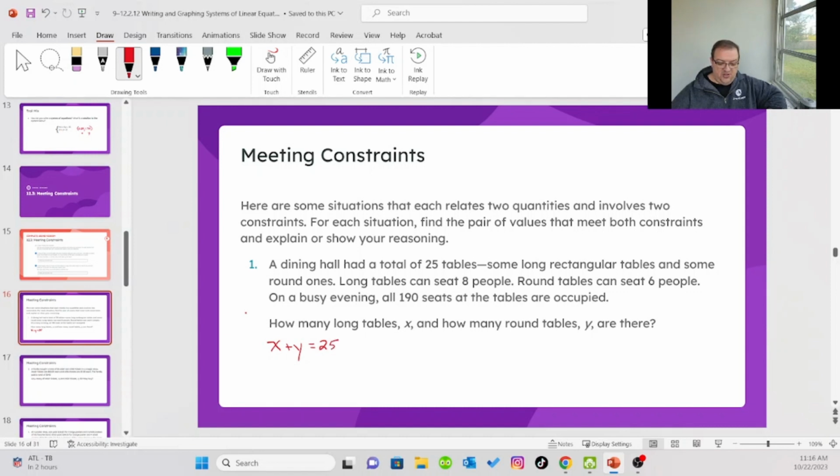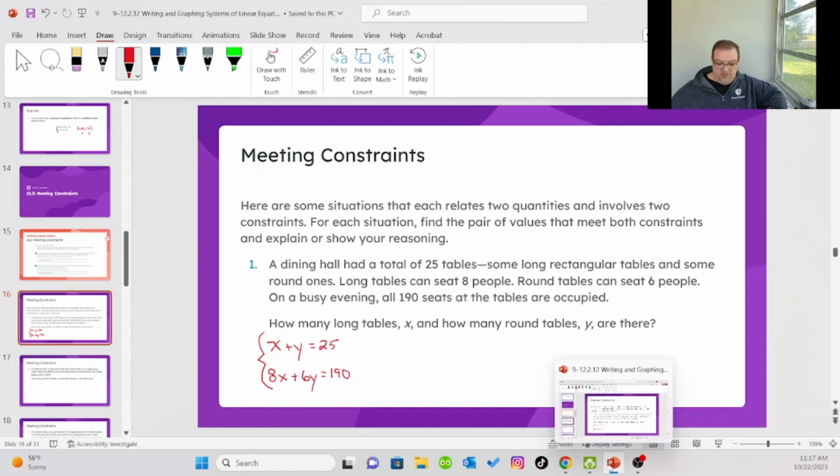Next, we know the long tables can seat 8 people, so we would say 8 people per long table, plus round tables can seat 6 people, so 6 people per round table, and that is going to give us a total of 190 people. And this would be our system of equations.